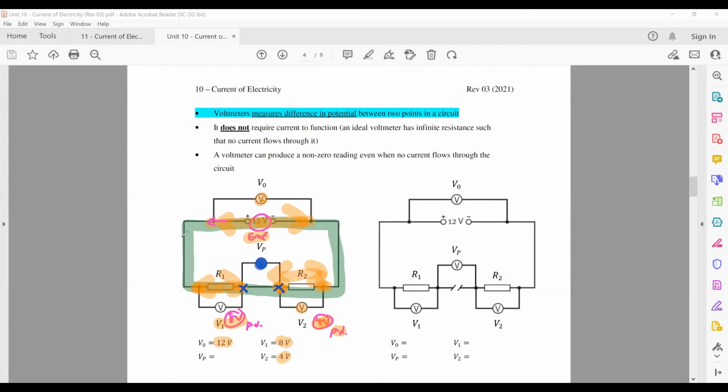This one is a normal circuit that is closed. You have current flowing here. Now this voltmeter here, the blue one, VP, is connected here and here. So what do you suppose will be the voltmeter reading?